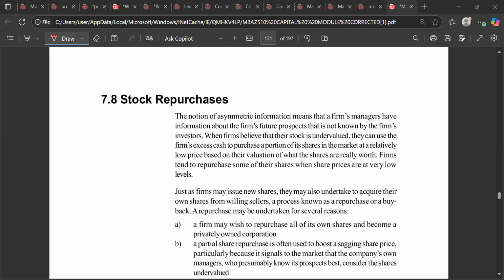Fourth, you're trying to reduce small shareholders to cut admin costs. And you're also trying to fund employee stock options. A repurchase supports shareholder value if the internal valuation, the intrinsic value, exceeds the market value. That covers our stock repurchase option.